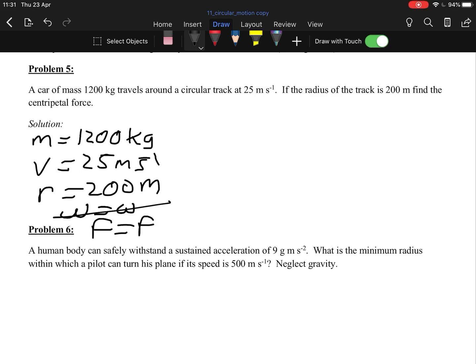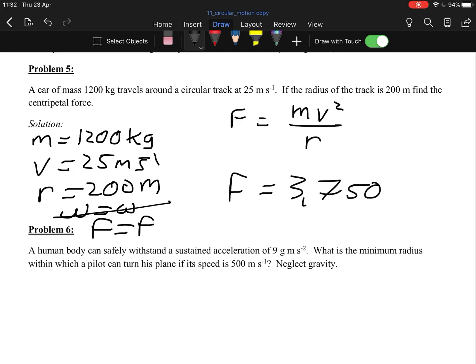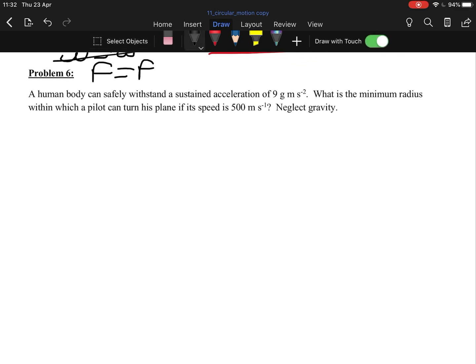Find the centripetal force, F equals F. So go to your log tables. Which equation do we use? We have 2 options, but only one we can use because we have all the values: mv squared over r. So our force here is therefore 3,750 newtons.